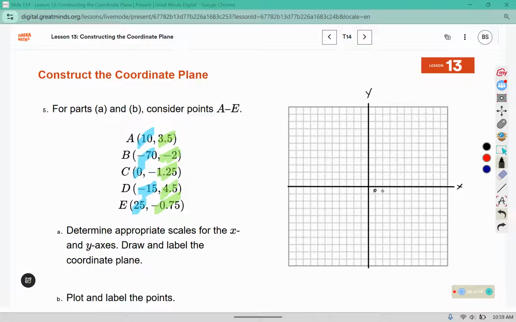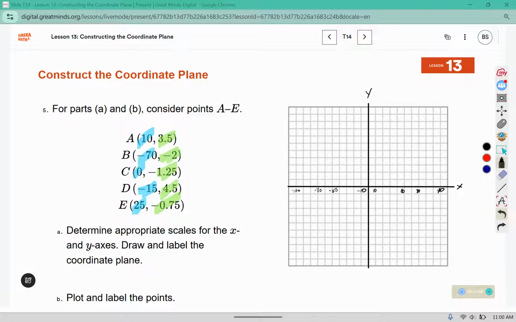It'll be 10, 20, 30, 40, 50, 60, there's 70, 80, 90, 100. This would be negative 10, negative 20, negative 30, negative 40, negative 50, negative 60, negative 70, negative 80, negative 90, negative 100.